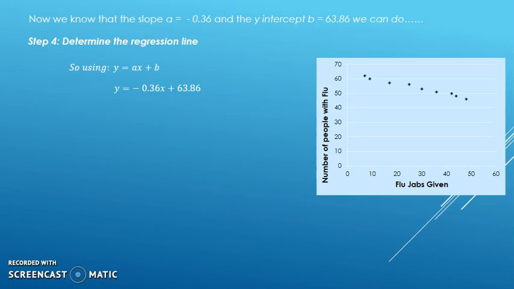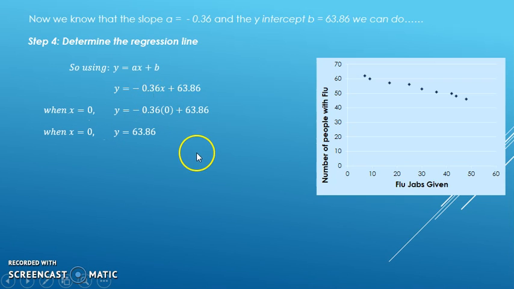Now we're going to choose a value for x of 0. So if we put 0 in place of x, all of this will become 0. So y is simply 63.86. So when x is 0, y is 63.86. So let's plot that on our scatter plot there.